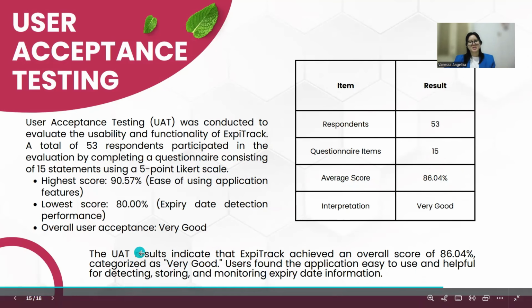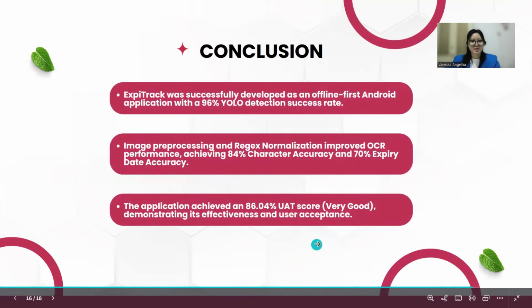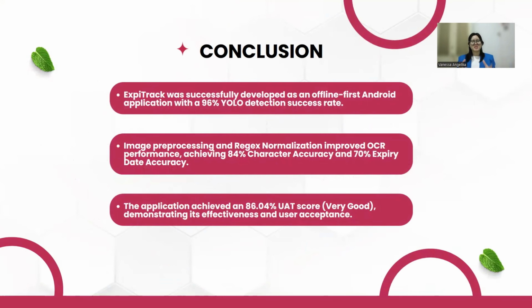And then these findings indicate that the XPtrack application is easy to use and effective for detecting, storing, and monitoring expiry date information. The conclusion: XPtrack was successfully developed as an offline-first Android application using YOLO version 11 Nano and Google ML Kit.